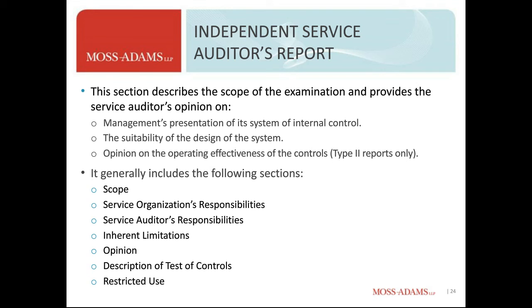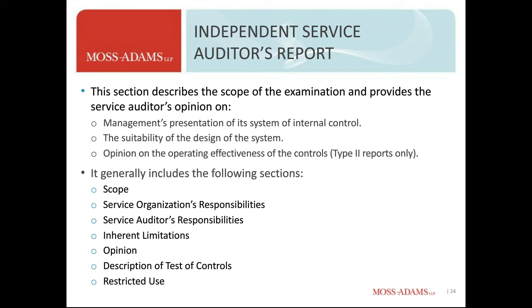Also, it is the trickier of the three types of reports because the control objectives are set by the service provider, and with a SOC 2 and 3, those are prescribed criteria that you can look at the AICPA guidance for and know exactly what those reports are covering.